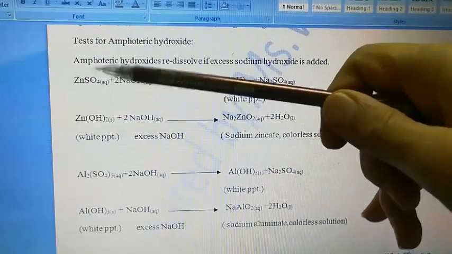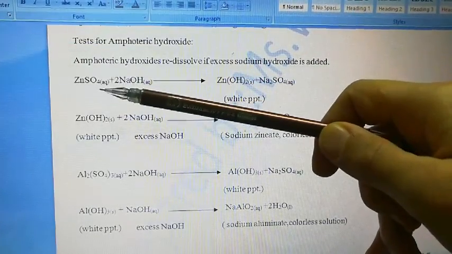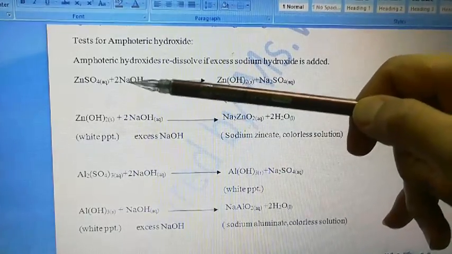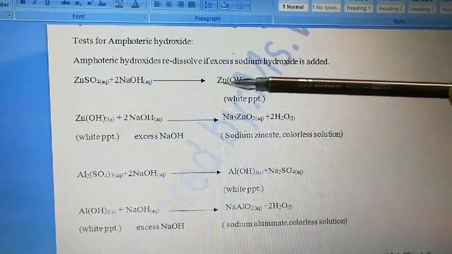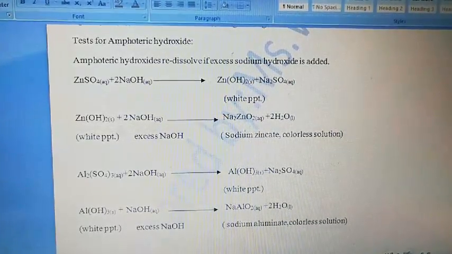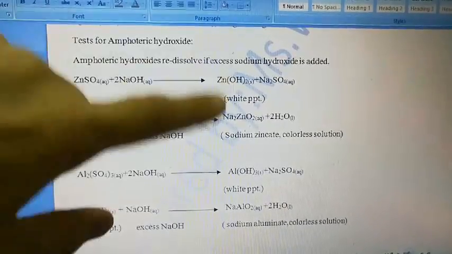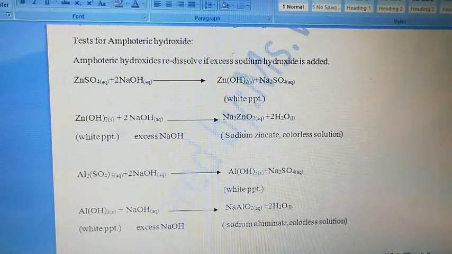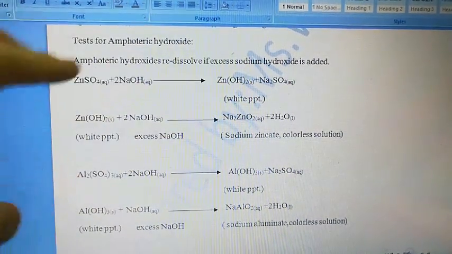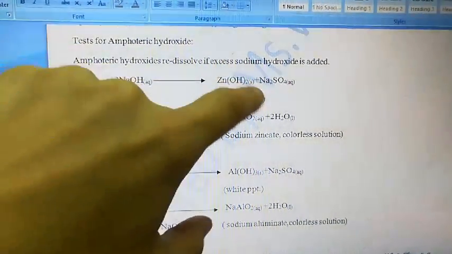So again, zinc sulfate here will react normally with sodium hydroxide to give us zinc hydroxide and sodium sulfate. Type. What is the relationship between this equation and the equation that you saw before? Here we are explaining how I can prepare zinc hydroxide.